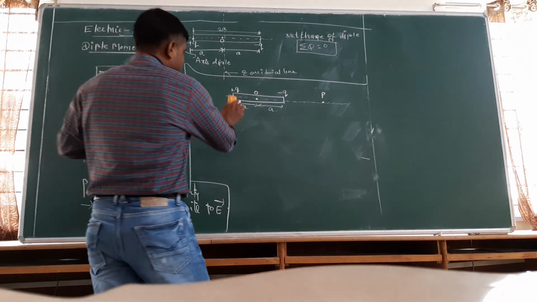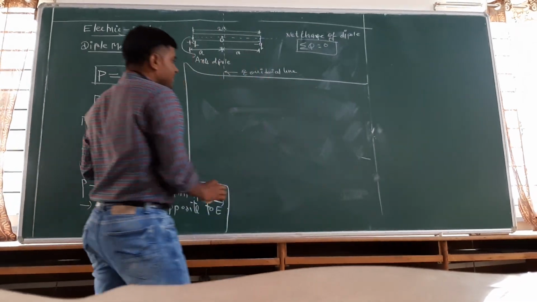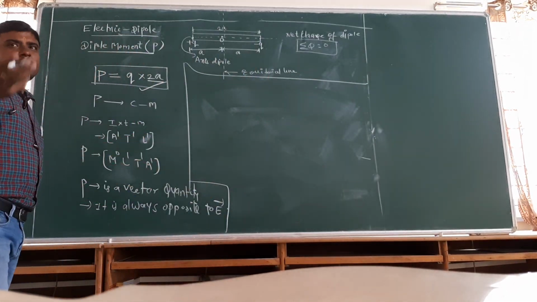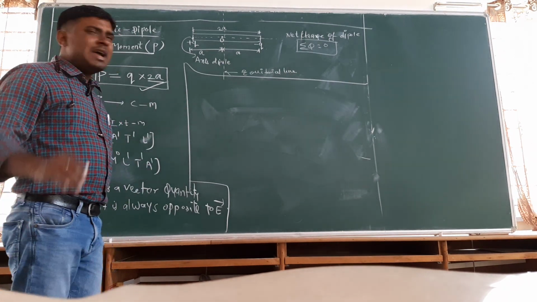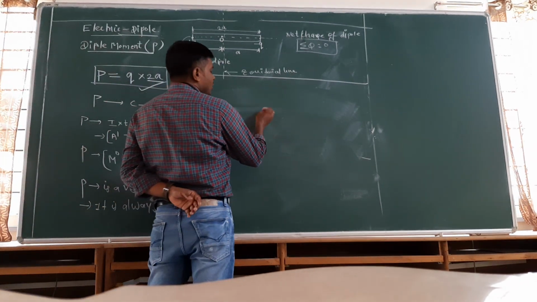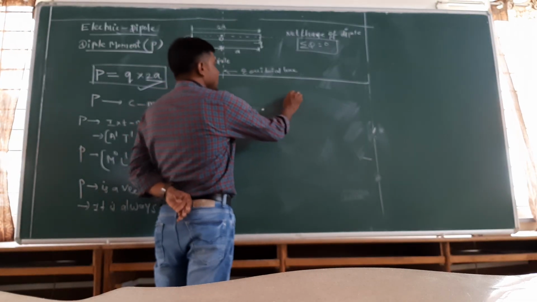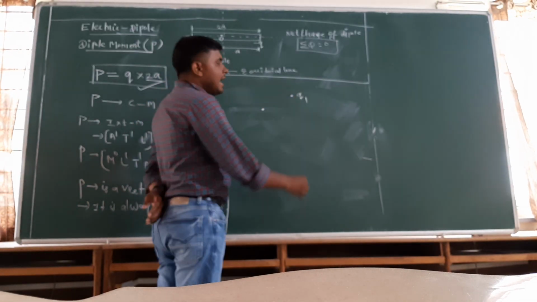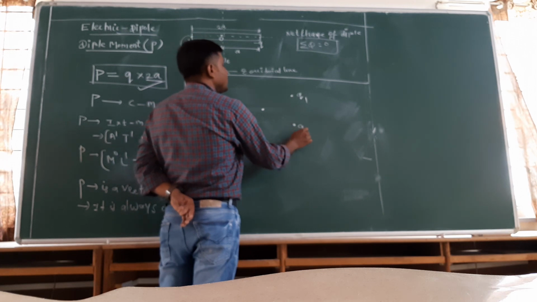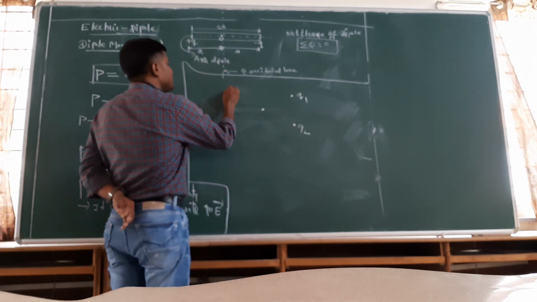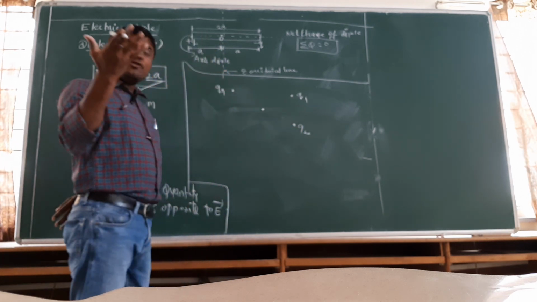Let's see how you find the electric field due to multiple charges. Let us take this point, and here we have one charge q1, and this is another charge q2, and like this there are n number of charges present. We need to find the net electric field.